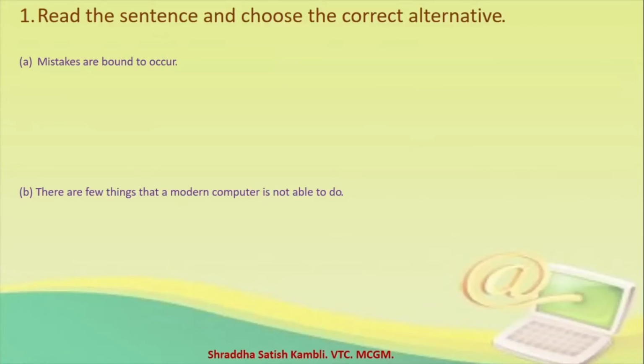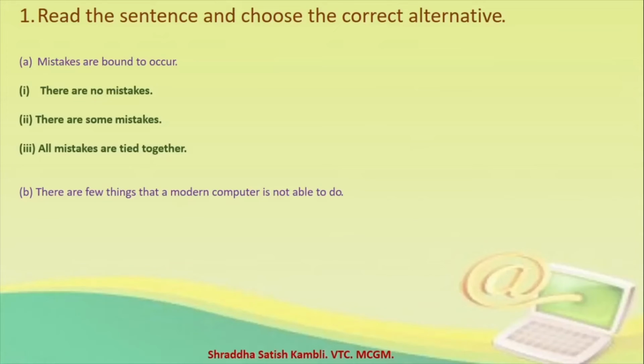Mistakes are bound to occur. What is the meaning of mistakes are bound to occur? Does it mean there are no mistakes? Does it mean there are some mistakes? Or does it mean all mistakes are tied together? What do you think? Mistakes are bound to occur means there are some mistakes.